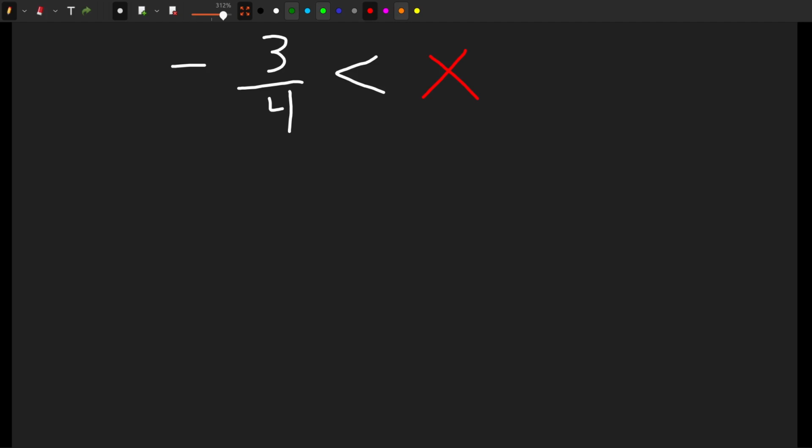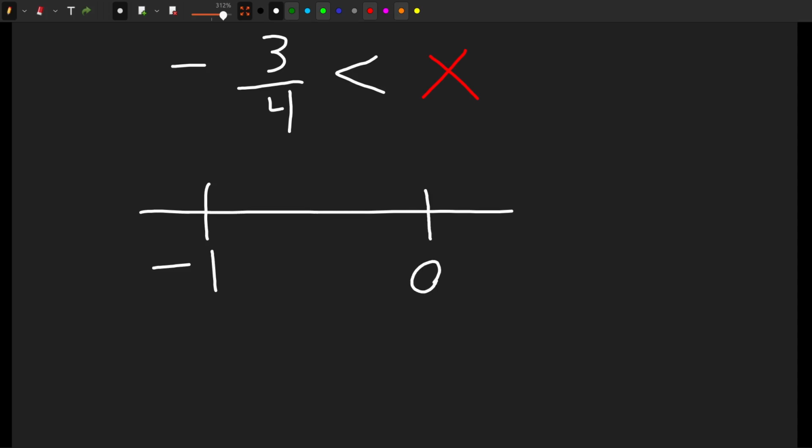So let's go ahead and write this as a number line and then as interval notation. I'm going to get negative 1, 0, and negative 3/4 is approximately right about there. We're saying that x must be greater than negative 3/4, so it's an open circle, and it's going to positive infinity.